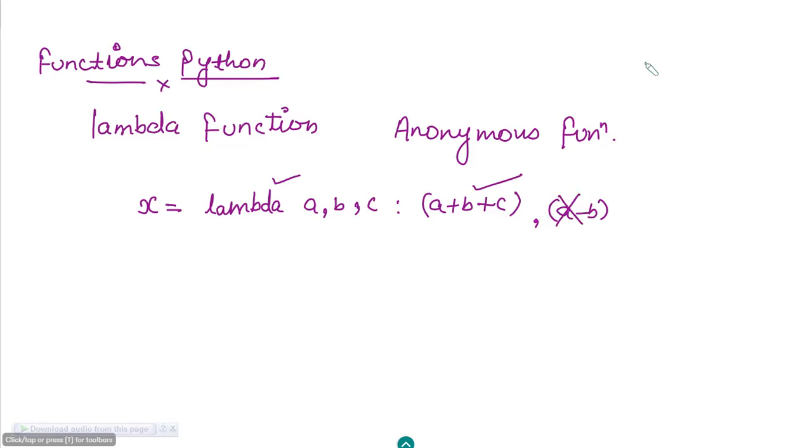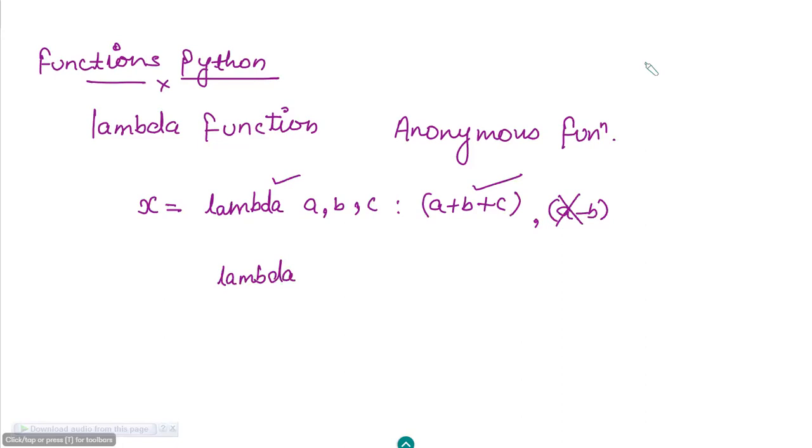Suppose that I want to calculate the sum of two integer numbers. So lambda is a keyword which is used to make an anonymous function. How many values do we want to add here?